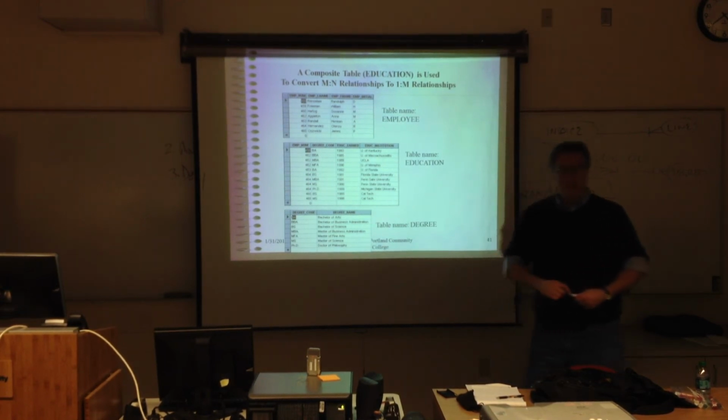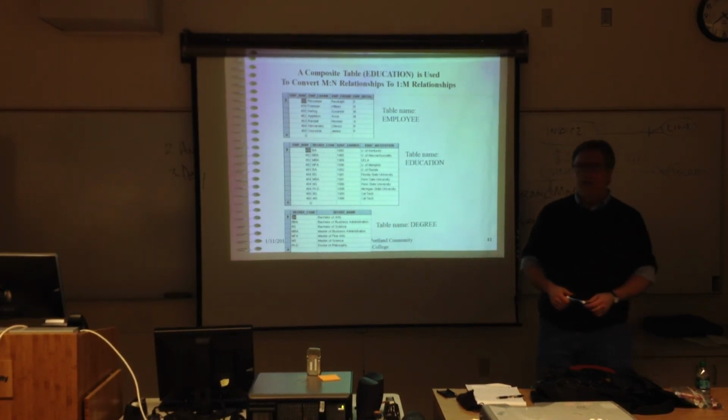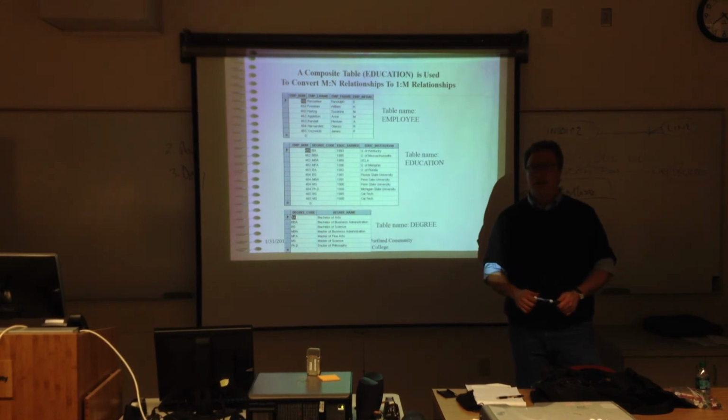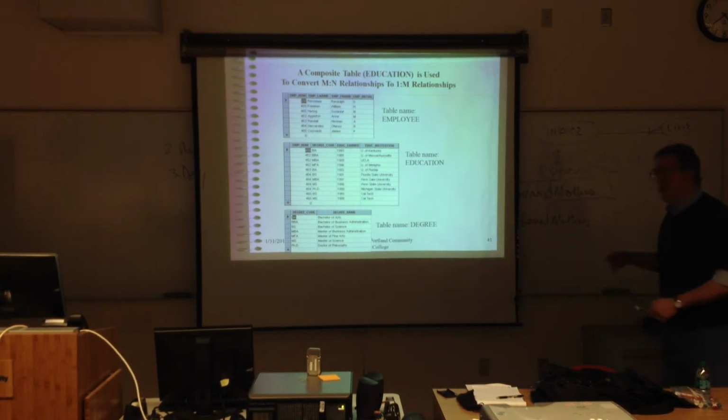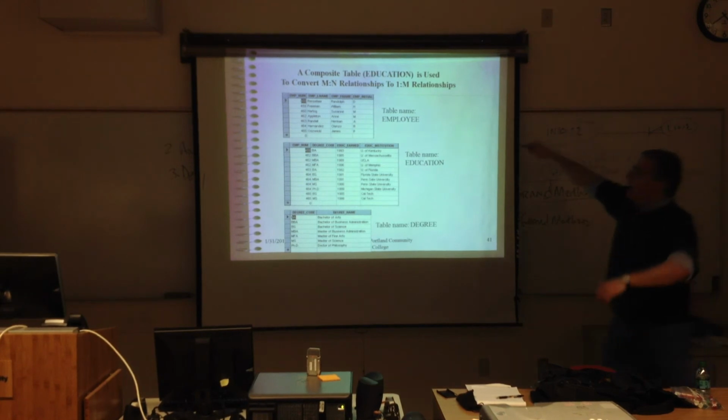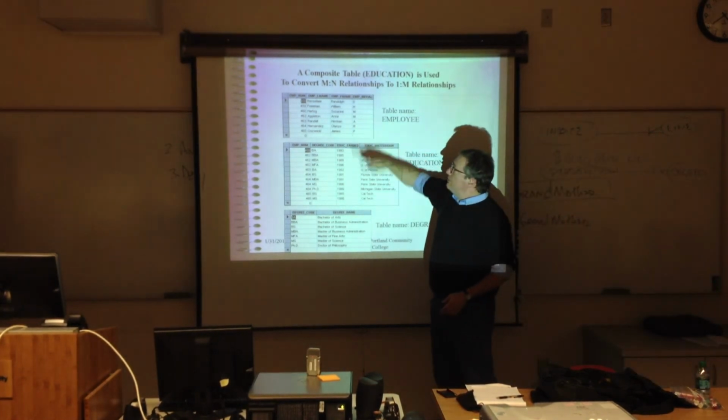And I suppose there's a degree somewhere in the world that no one has. But I don't want to track it if there's nobody who has one of those. Anyway, I've got this employee table.